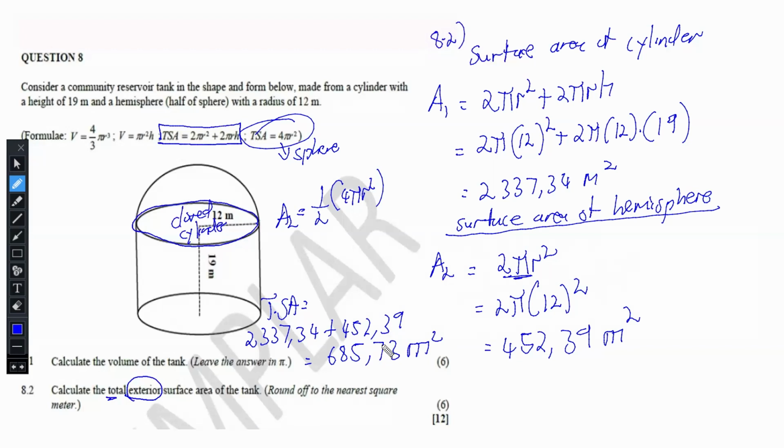Now the nearest square meter here would have to be 2,790. So you would have to say it is approximately, so this is the sign for approximately, 2,790 meter square. So the total surface area is 2,790 meters square.